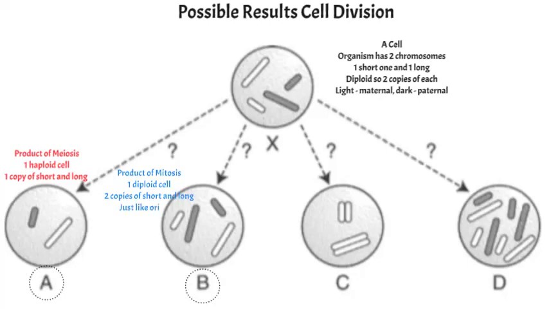Cell C technically also has the same amount of DNA as the original cell, but notice they are copies of each other and they are joined together. This means that these are really 1/2 of tetrads, 2 sister chromatids joined by a centromere. Therefore, this cell must be in prophase 2 of meiosis. Now, cell D has 2 copies of each chromosome.